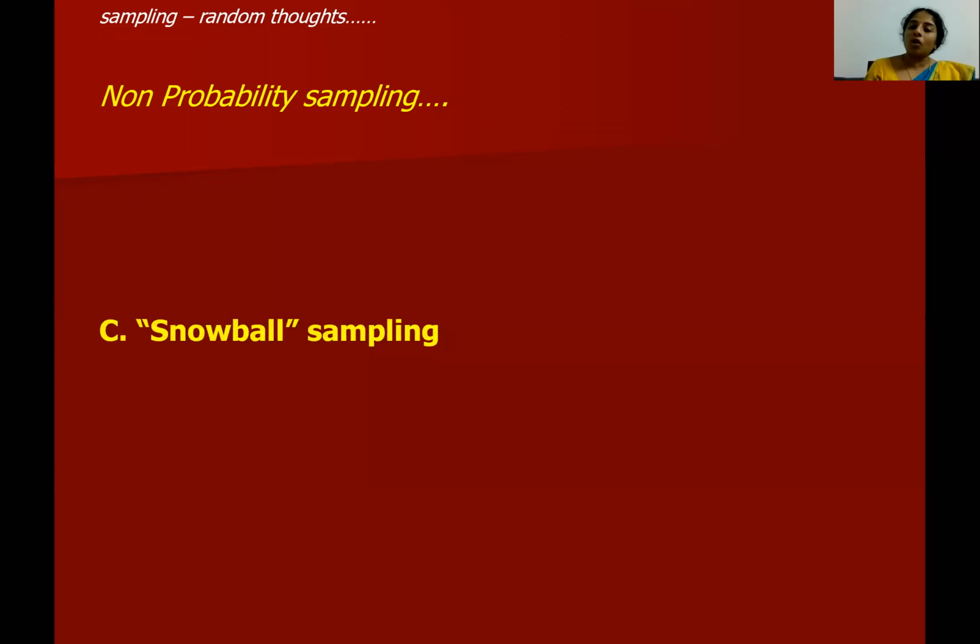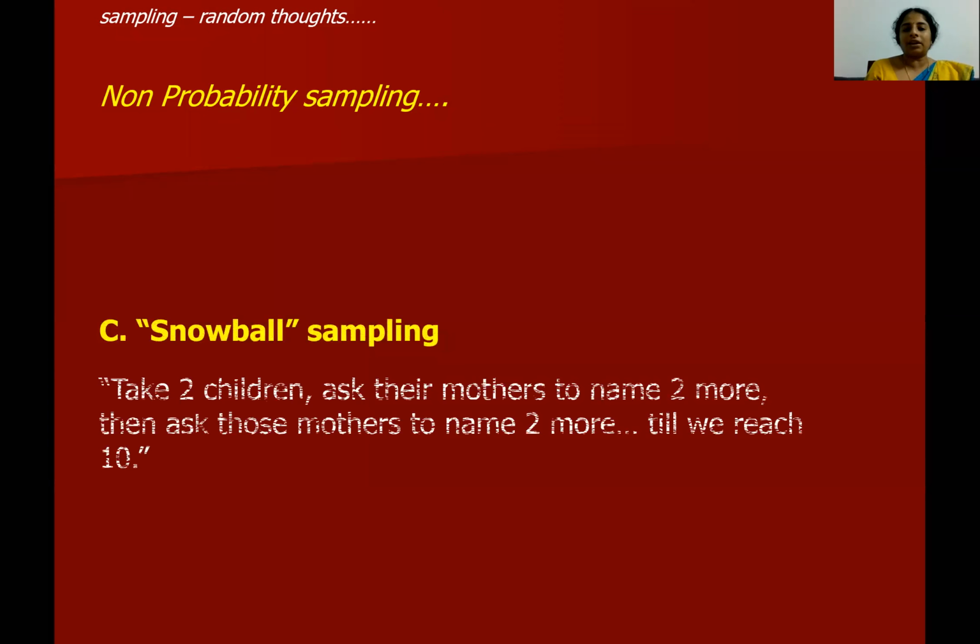Then there is snowball sampling, which you will rarely come across, but many often you utilize. Ask those two people whether they know others.